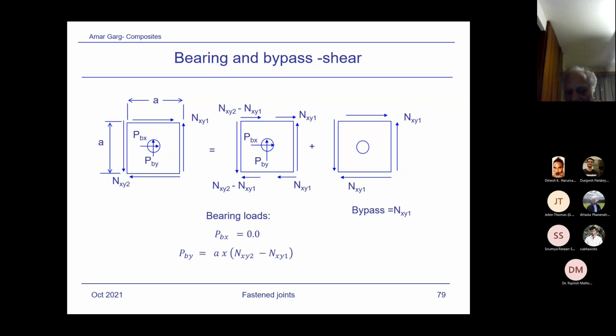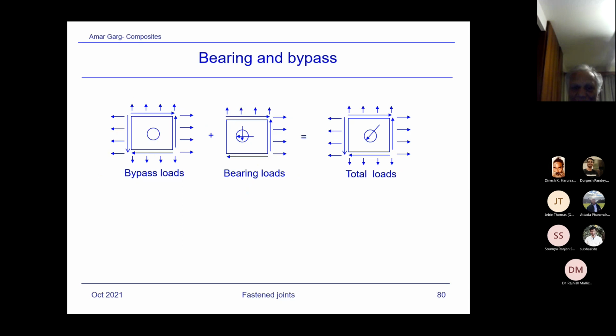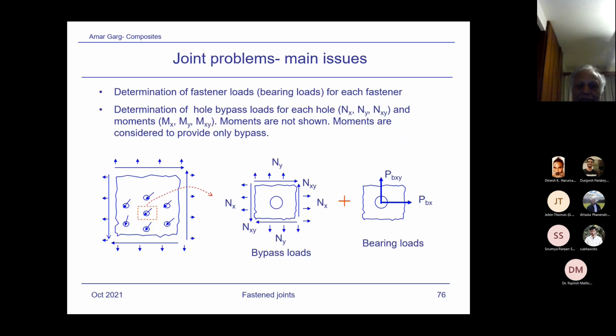However, it is very simply said than done. When you have a complex structure like this one, it is extremely difficult to decide the bearing and bypass segregation. And especially when you have the finite element methods being used here. So in the finite element method, depending upon the element sizes, each element's loads will be different.